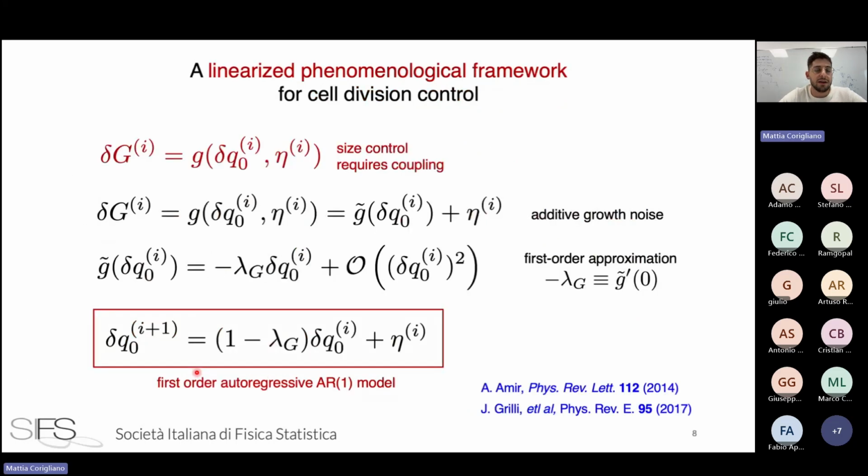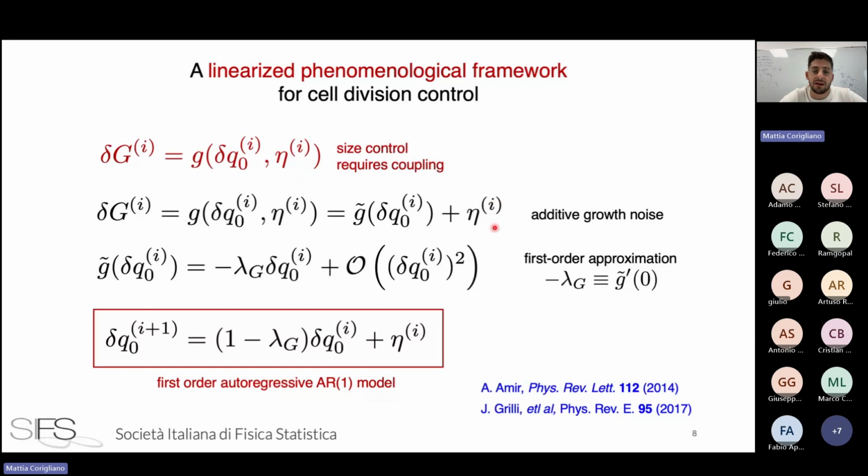So starting from this expression, of course, this function we expect to be highly nonlinear and highly complex. We don't actually know the exact form of this function. So to progress with this theory, we need to make some assumptions. Usually one assumes, for example, that the noise term is an additive noise term, and this is motivated by experiments.